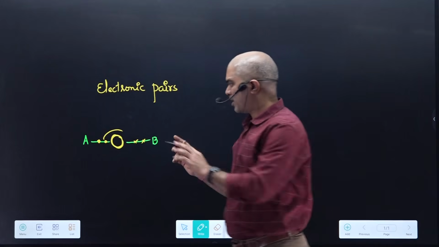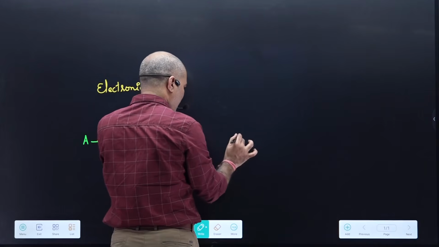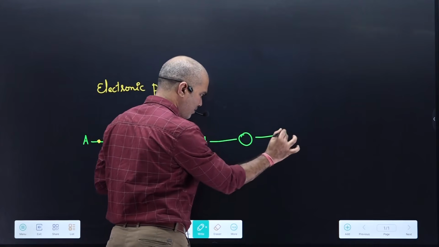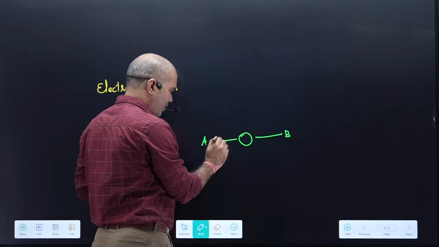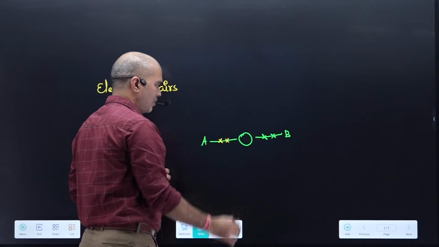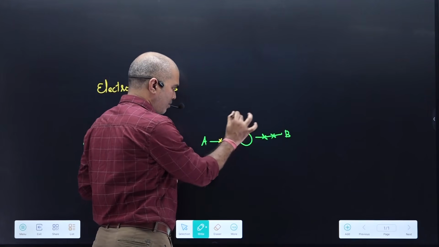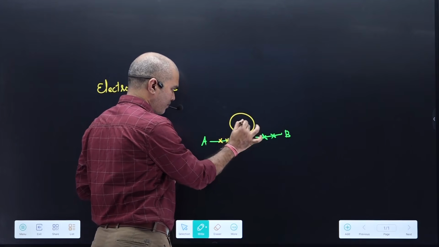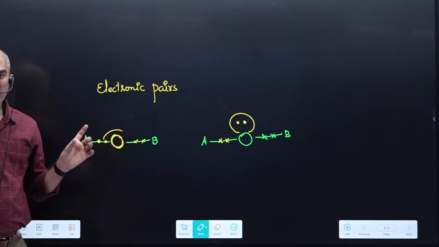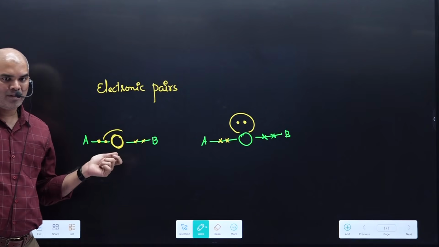But I am taking another molecule where there is a central atom. There is A, there is B. This is a bonding pair, this is also a bonding pair. Now I am introducing a non-bonding pair. Will you still expect the same linear geometry?